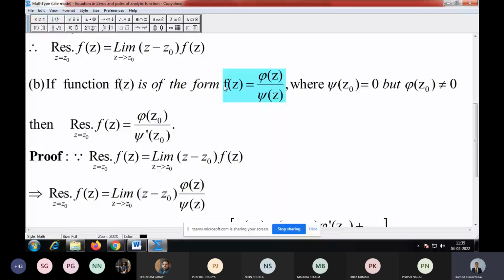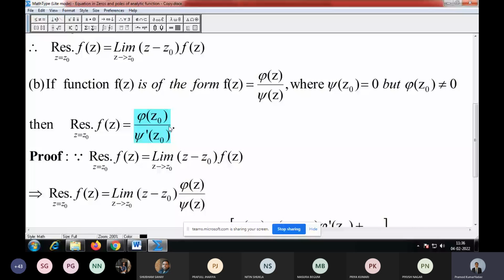We are not sure whether it is a pole or something else, but it is not analytic at z equal to z naught. So in this case, the residue of the function f(z), when it is in this form, can be evaluated as phi(z naught) divided by psi dash (z naught). Okay.